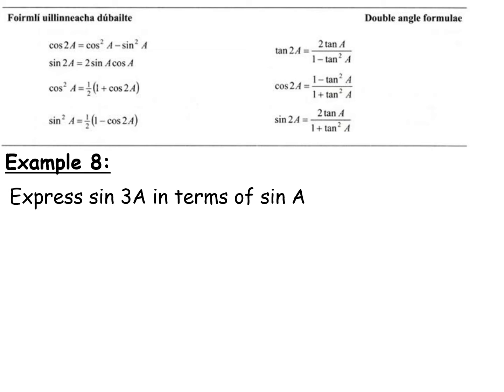Let's go straight into an example: express sine of 3A in terms of sine of A. Now, how are we using the double angle formula for this? Well, not only are we going to use the double angle formula, we're also going to use a formula we've used before. So we're going to rewrite sine of 3A as sine of 2A plus A. And if we go back to the top of page 14, what happens if I have sine of A plus B?